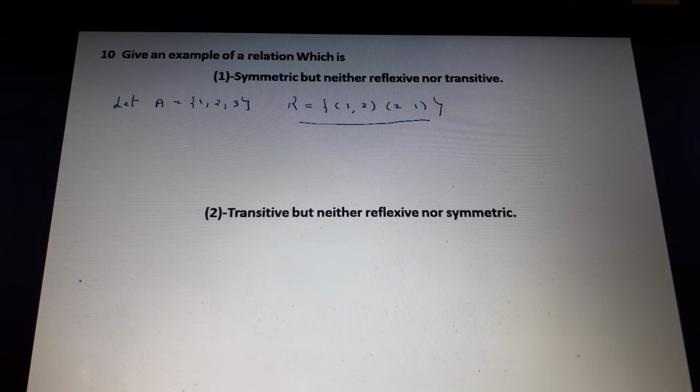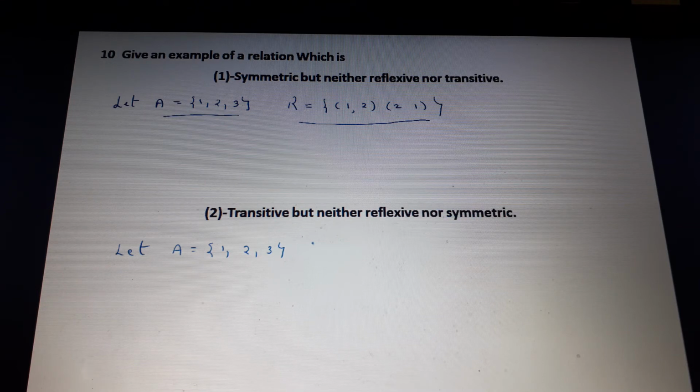Second question, but please note, without writing the set, if you write only this much, it is meaningless. So let A equal to, I will take the same set, A equal to {1, 2, 3}. Now the condition is it should be transitive, but neither reflexive nor symmetric.